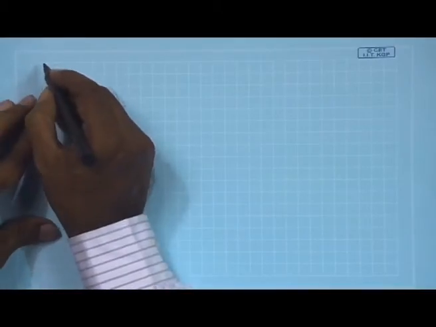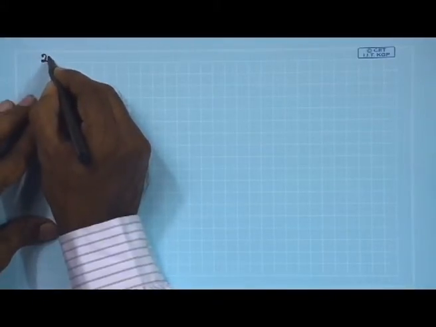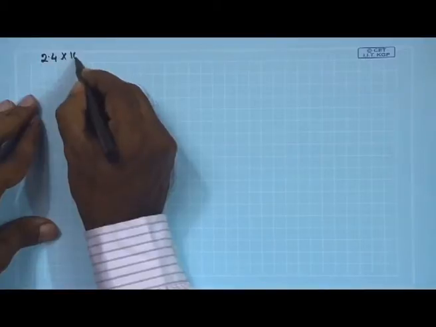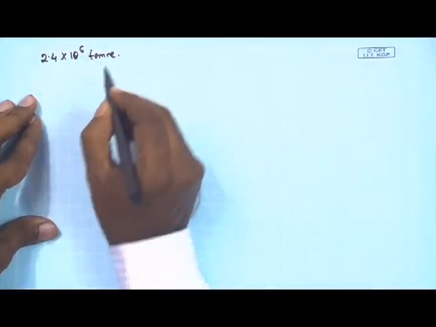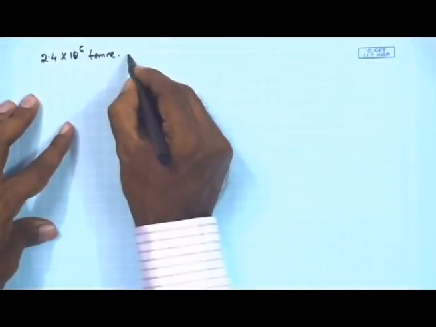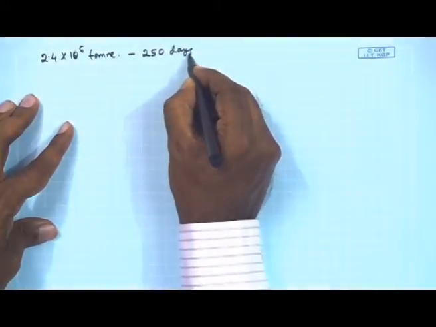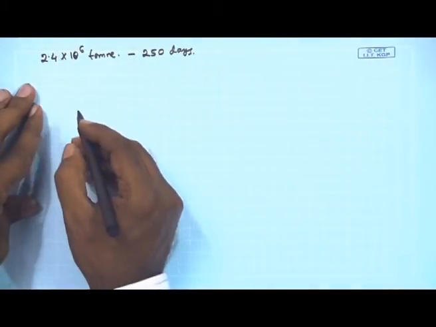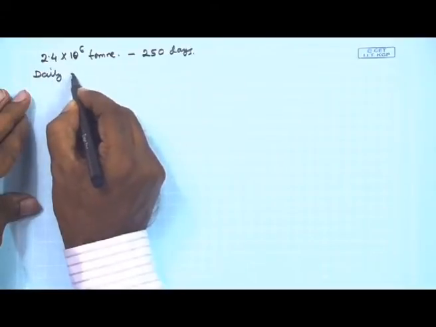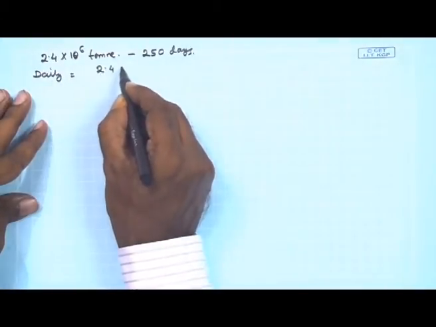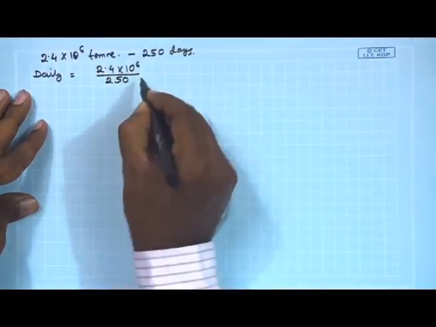First, let me write down the pertinent data given here. Our yearly production target is 2.4 into 10 to the power 6 ton, which has to be achieved in 250 working days. So our daily production target is 2.4 into 10 to the power 6 divided by 250 ton.